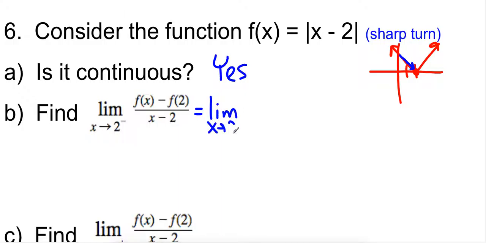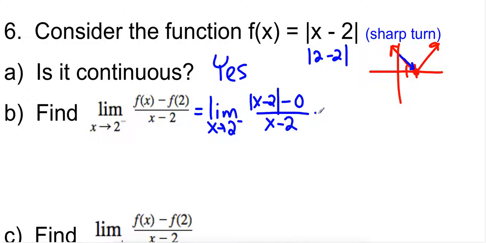So we're approaching 2 from the left. F of x is our function, minus f of 2, that's just if we plug in 2 to our function, which is 0, of course. So we get the limit as x approaches 2 from the left, the absolute value of x minus 2 over x minus 2.